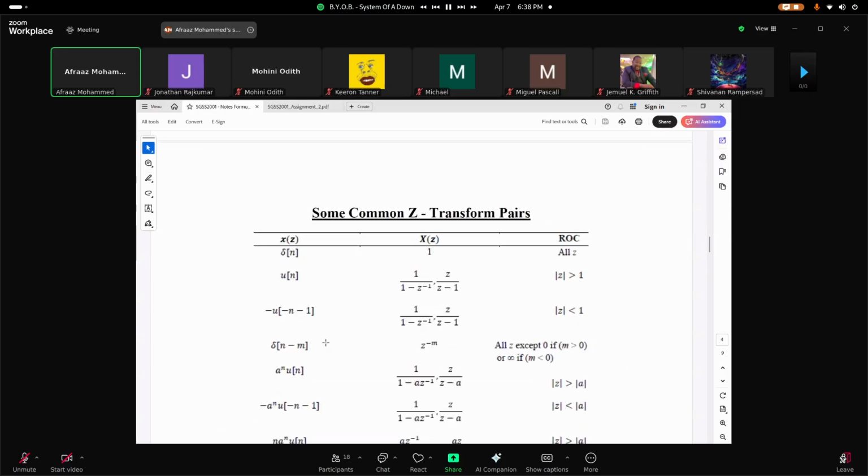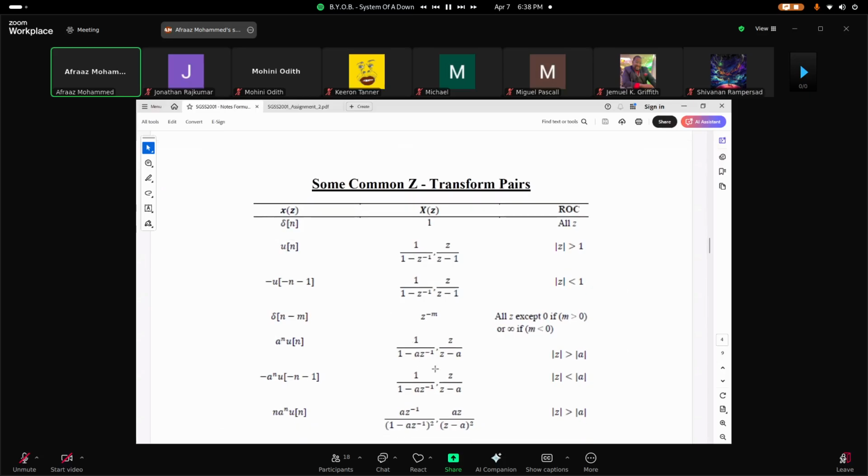After Laplace, we have the Z transform pairs. This is for discrete time systems. This is what we've been using: 1 over 1 minus z to the minus 1, which in the time domain is u of n.